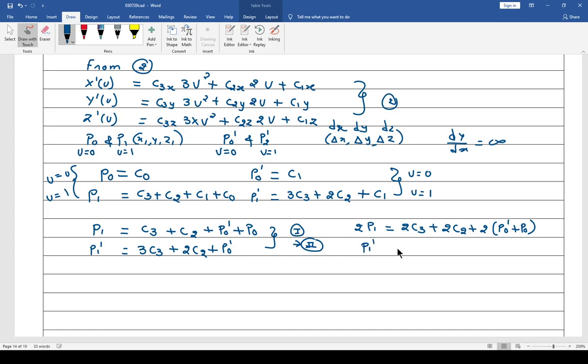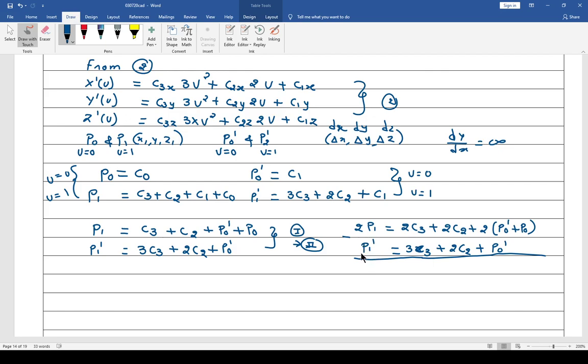I have p1 dash is equal to 3 times c3 plus 2 times c2 plus p0 dash, and I do the subtraction between these.